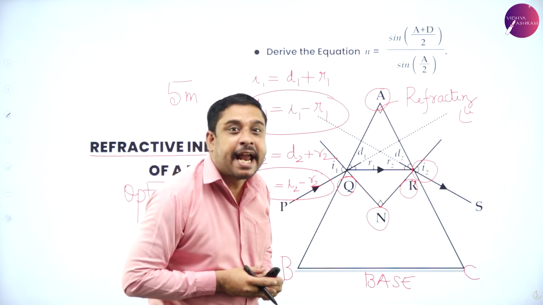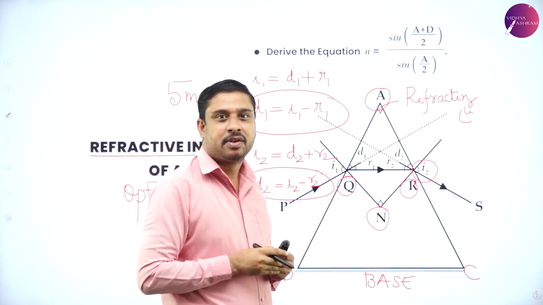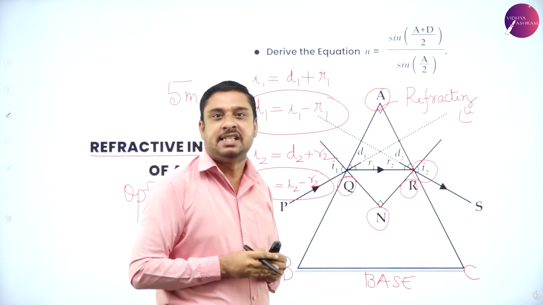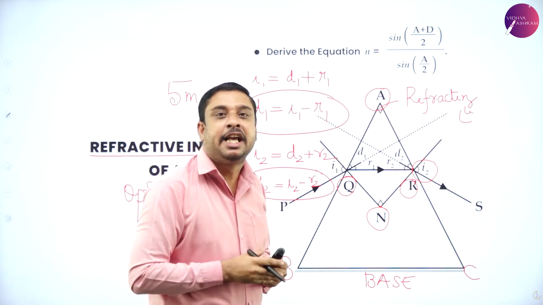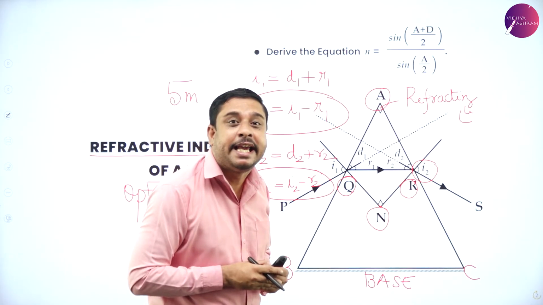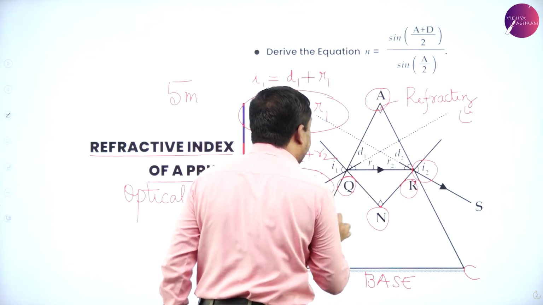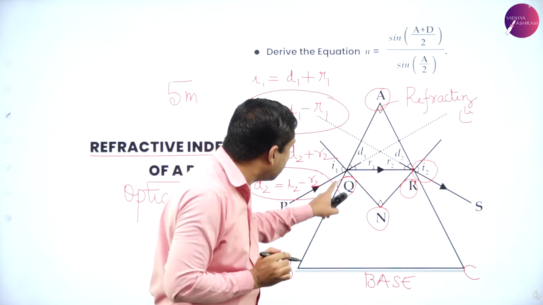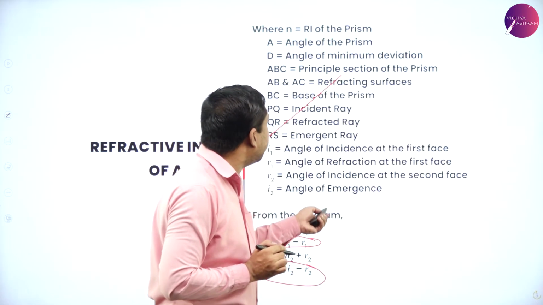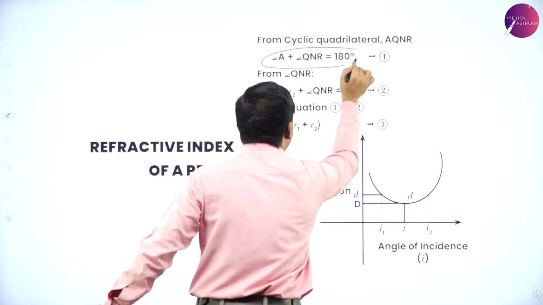And a theorem states, the sum of opposite angles of a cyclic quadrilateral is supplementary, which means to say angle A plus angle QNR is equal to 180 degrees.